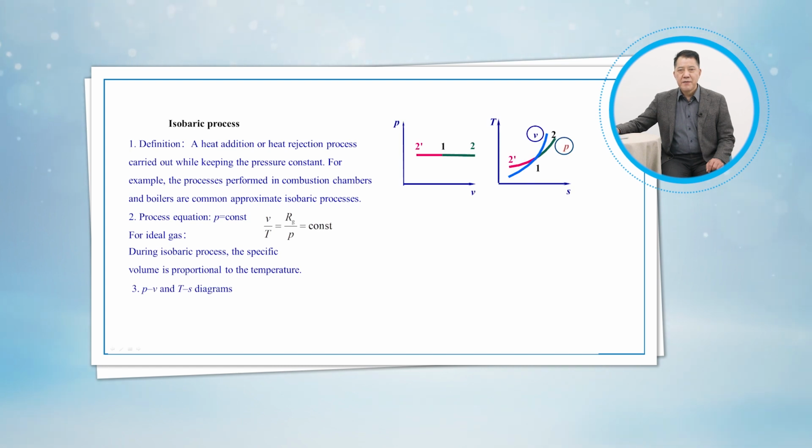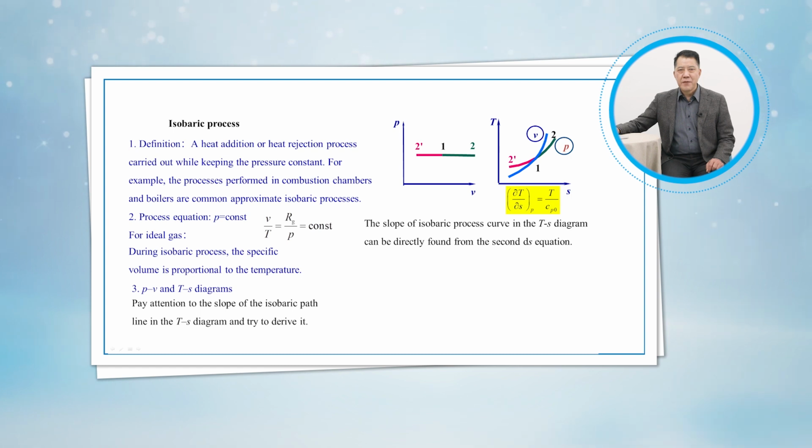Thirdly, the PV and TS diagrams. These are the isobaric process shown in the PV and TS diagrams. Pay attention to the slope of the isobaric path line in the TS diagram and try to derive it.